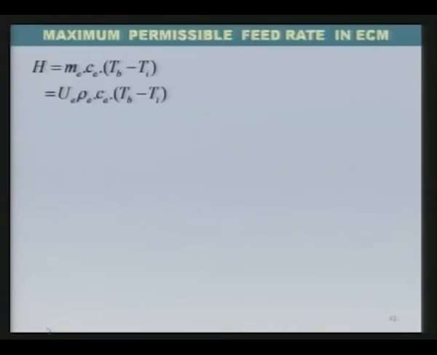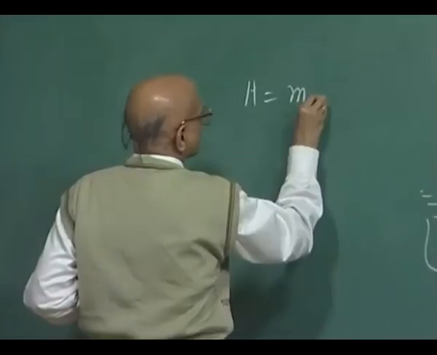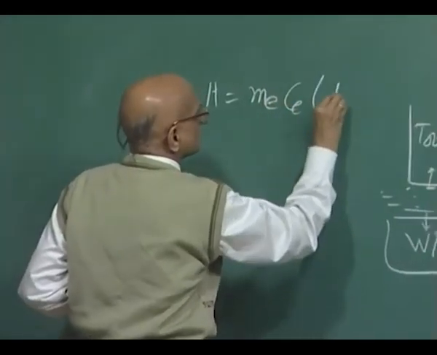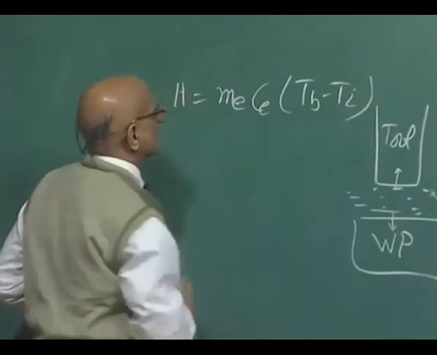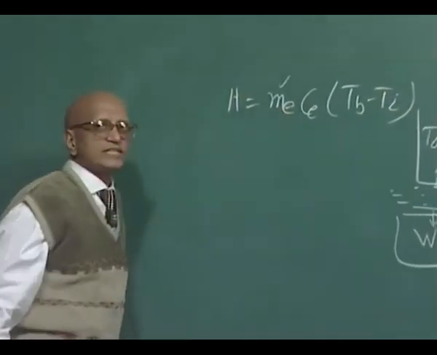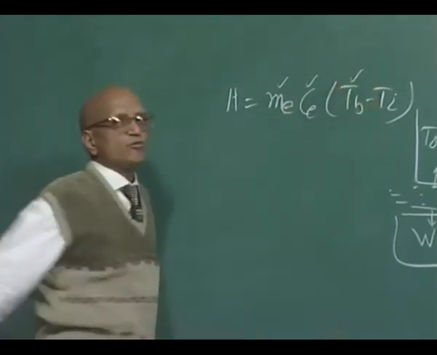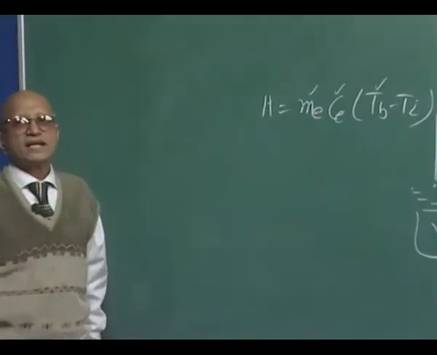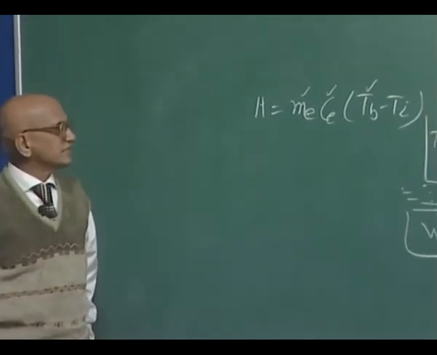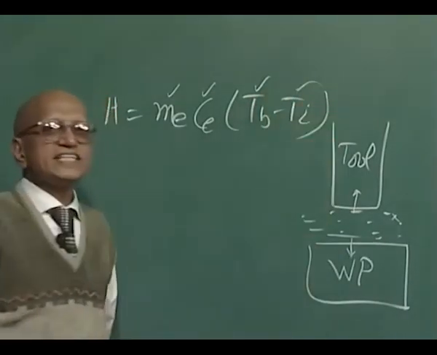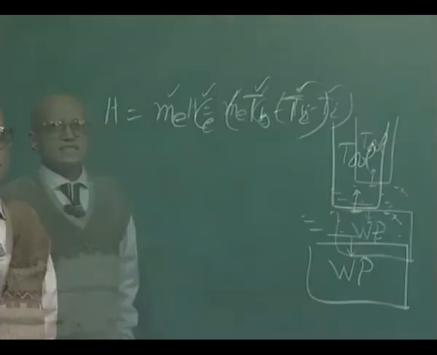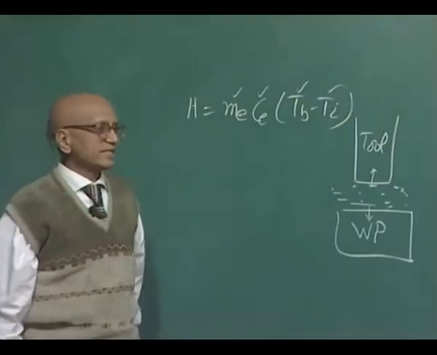So, we can see here that total heat H is equal to m_E C_E (T_B minus T_I). Here m is the mass of the electrolyte, C_E is the specific heat of the electrolyte, T_B is the boiling temperature of the electrolyte, that is the highest permissible temperature in this case, and T_I is the initial temperature, that is the temperature at which electrolyte is entering into the interelectrode gap.